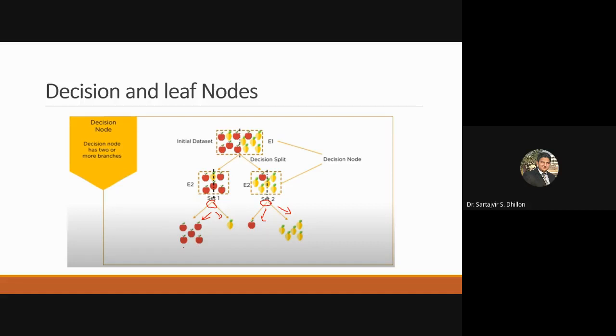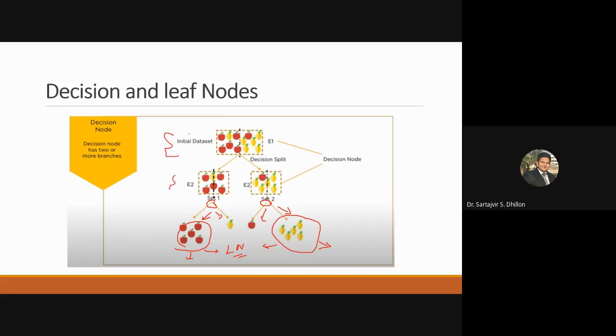And at the end you will get the maximum majority of the apples, then you can say it is apples. And if your majority is mangoes, then you can say it is mangoes. So what is the purpose? These are your end results, which are referred to as leaf nodes. We have already covered this part, and these are your rules, which you can apply.